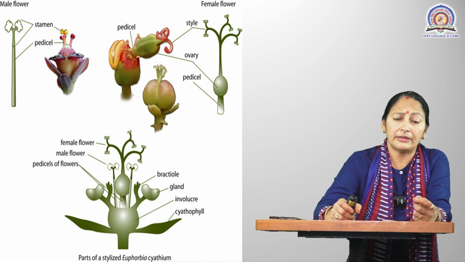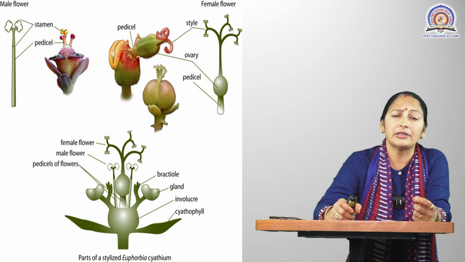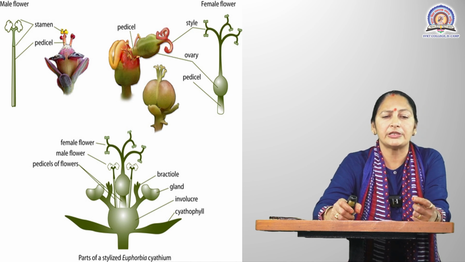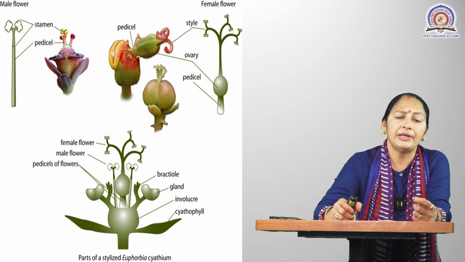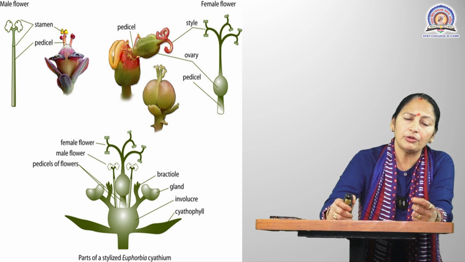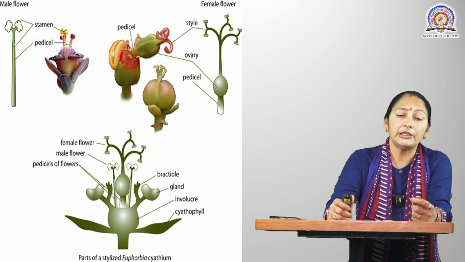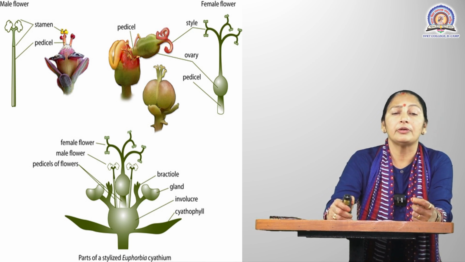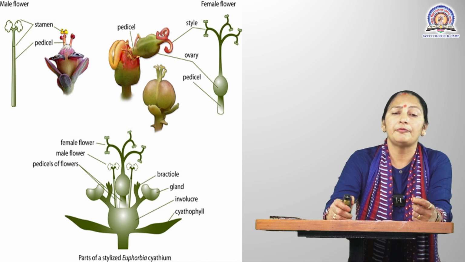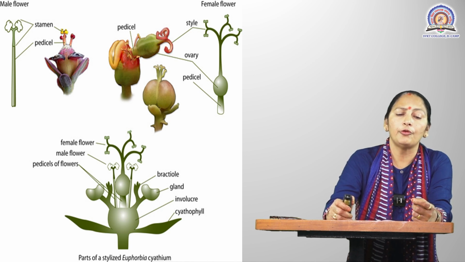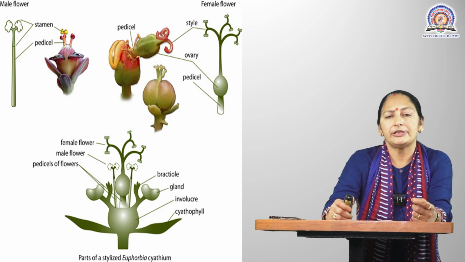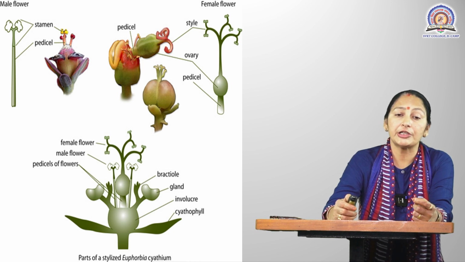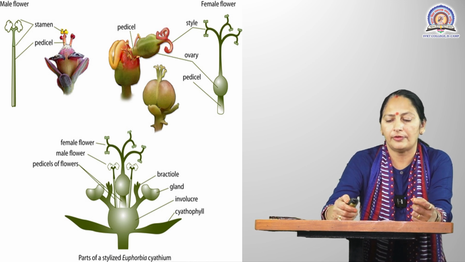Then the nectar glands, the secreting glands, are also present on the lower side of the male and female flowers. This is the arrangement of the cyathium type of inflorescence of which family? The Euphorbiaceae, a special or modified type of inflorescence.